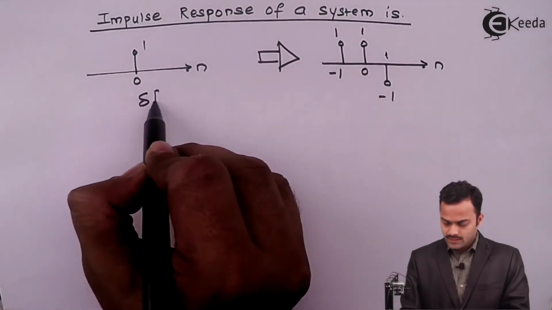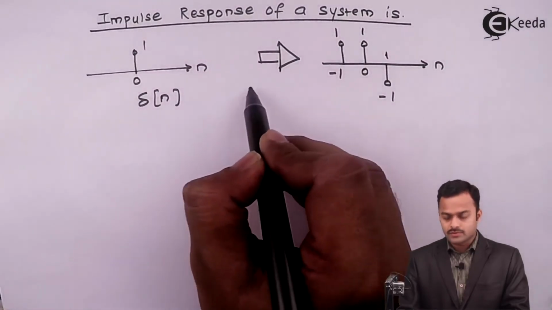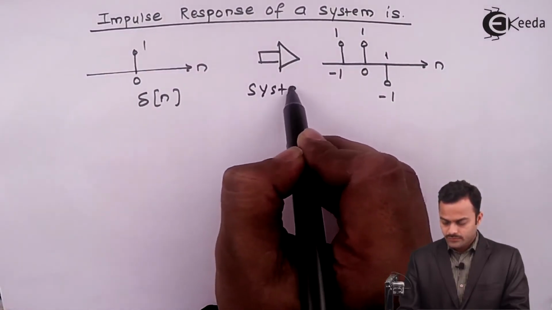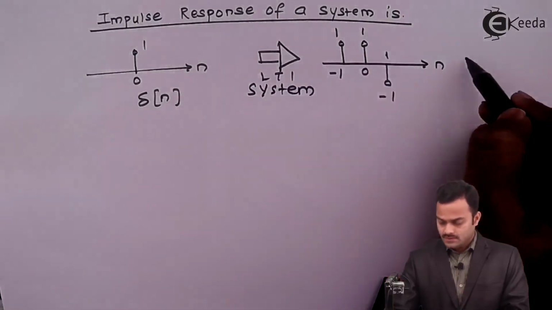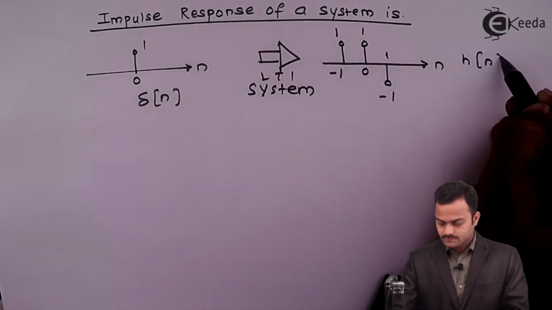So this is a delta n impulse function applied to the system. Obviously it has to be a linear time invariant system, and this is h of n.